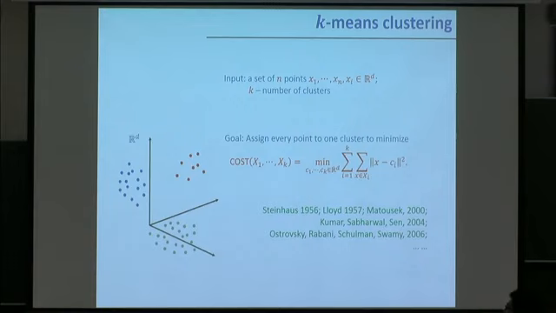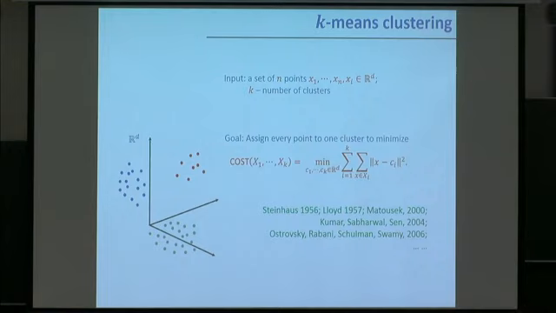Now we want to group these n points into k clusters such that the following objective function is minimized. We want to assign every point x to a cluster Si, and for each cluster Si, we want to find the center ci, such that the total L2 squared distance between all the points x and their corresponding centers is minimized.